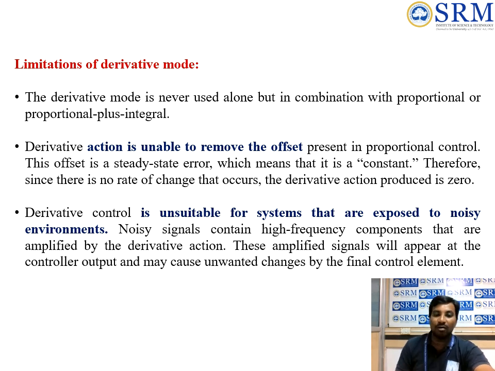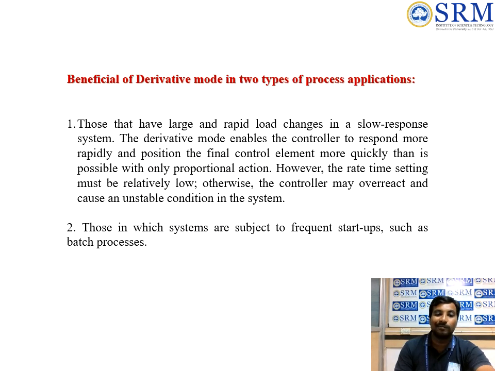The derivative control is also unsuitable for systems exposed to a noisy environment, because even small high frequency noise components are amplified by the derivative action, and this amplified signal will appear at the controller output and may cause unwanted changes by the final control element.